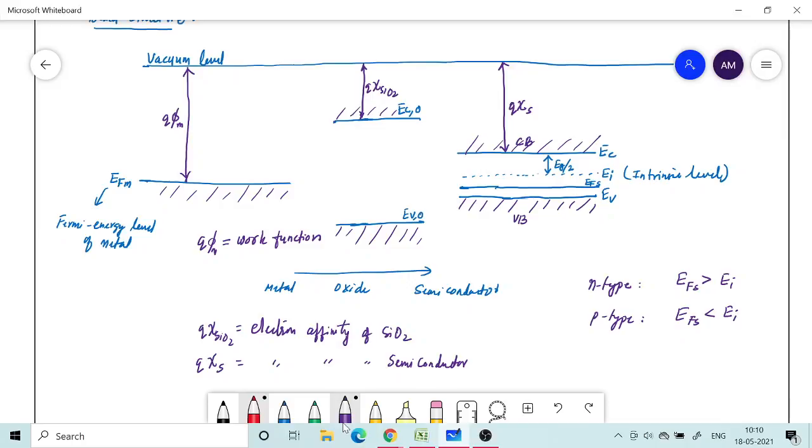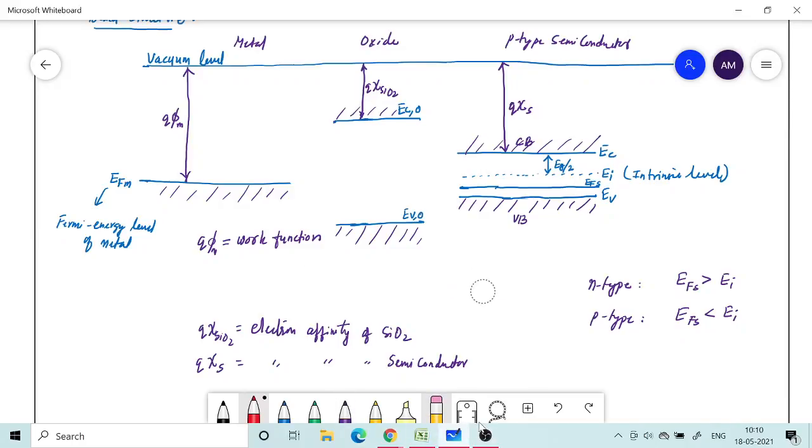Here there is metal, then I have oxide, and then I have the p-type semiconductor, and they are not joined at all. They are taken separately. So I am drawing a case where each of the materials is separated.